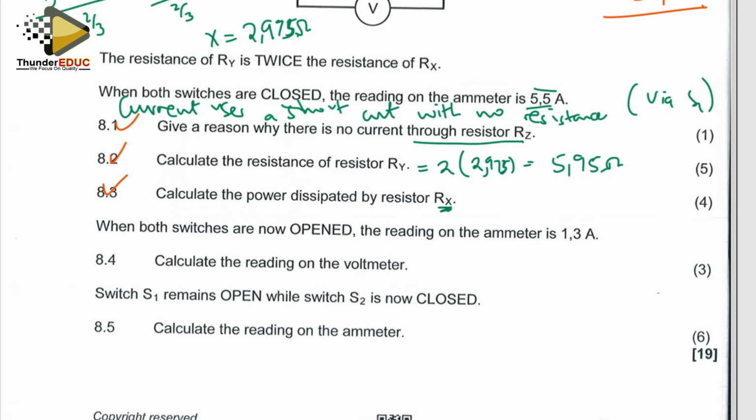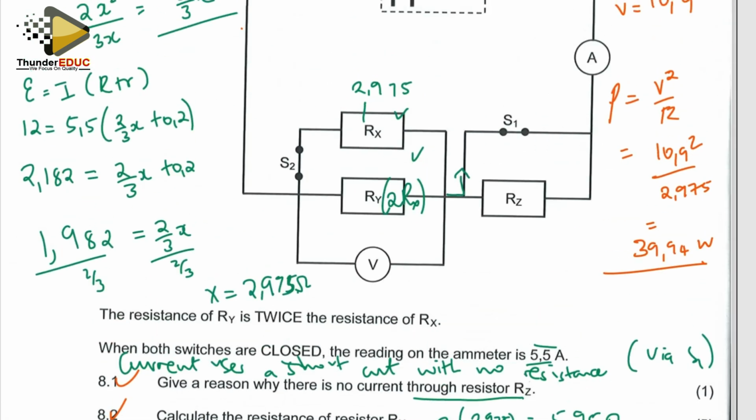Let's move on. Now, both switches are opened. Okay, and the reading is this. Now, if this is open and this one is open, it simply means that the current that is coming is just going through RY and it's also going through RZ.